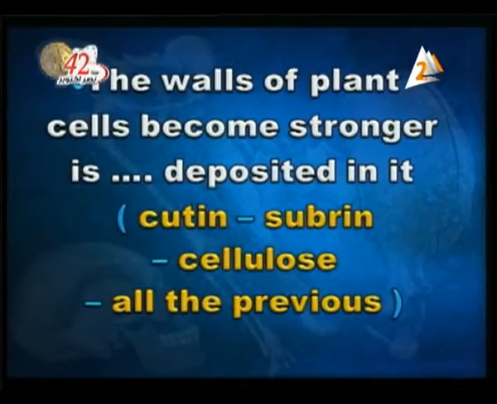Is it deposition of cutin, suberin, cellulose, all the previous? Let's think together. The walls become stronger by what? Yes, the walls of plant cells become stronger if cellulose deposited in it.